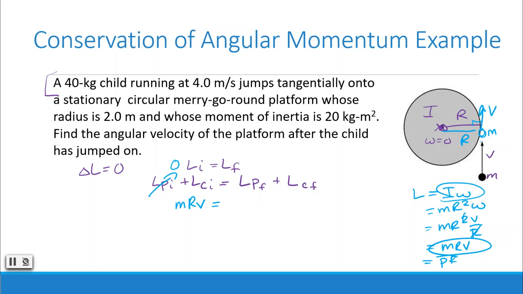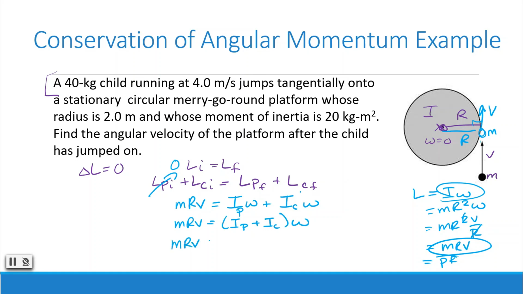Now the angular momentum of the platform at the end is going to be I times omega, with I being that of our platform. The angular momentum of the kid at the end is going to be I of the kid times omega. I'm doing that because they're going to have the same final angular speed, because they come together. This is a perfectly inelastic collision, so by the way, kinetic energy is not conserved. So I'm going to write that as m r v is equal to I of the platform plus I of the kid, times omega.